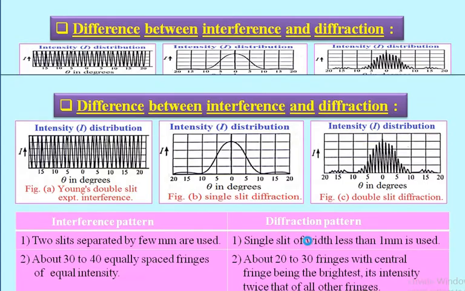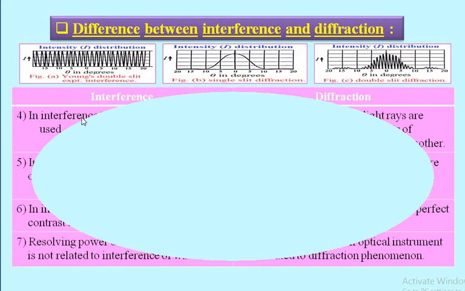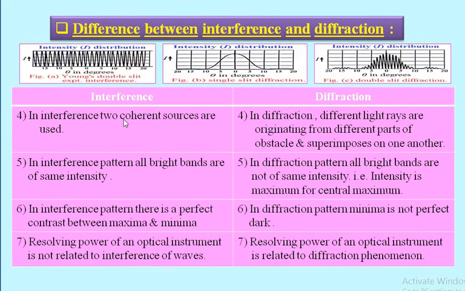In case of interference, two coherent sources are used, and in case of diffraction, different light rays originating from different parts of the obstacle are superimposed on one another.